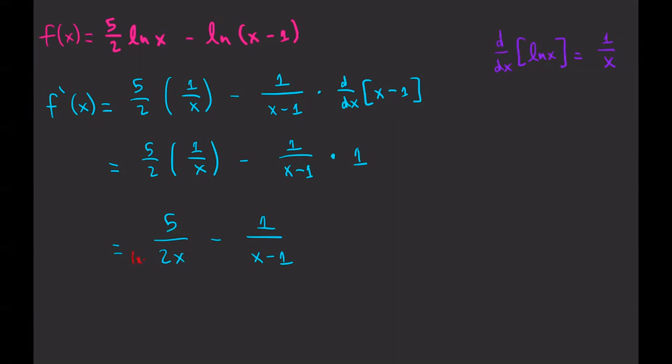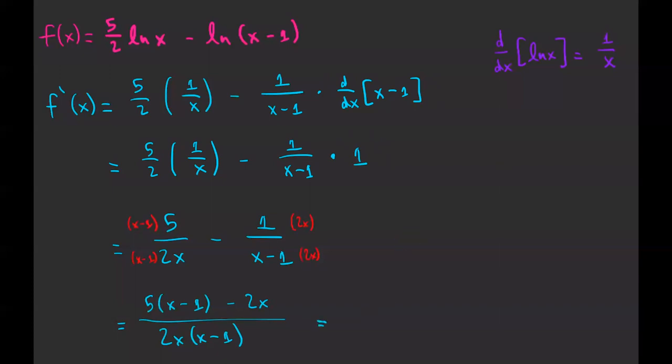Let's multiply by x minus 1 over x minus 1 here. Let's go ahead and multiply by 2x over 2x. And when we do that, we're going to have 5 times x minus 1 minus 2x all over 2x times x minus 1.